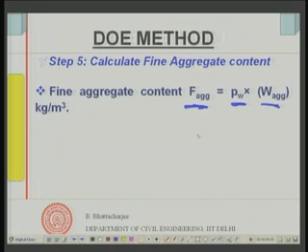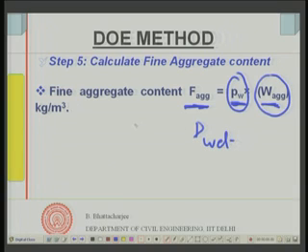W aggregate was obtained from wet density minus the cement content minus water content. So, fine aggregate content is simply this multiplied by total aggregate, which I found out as d wet minus W minus C.